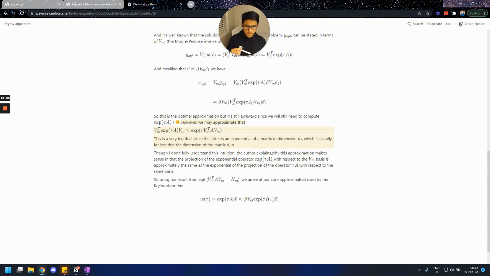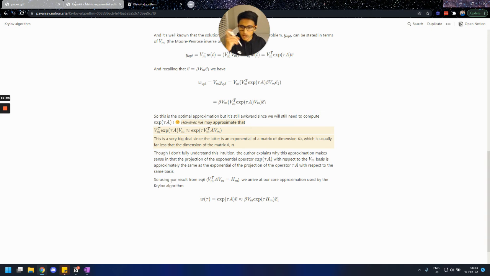So essentially the projection of the full exponential operator, which we have here, converted into the orthonormal basis that we have, is approximately equivalent to if you just take the exponential of the operator already converted into the V sub m basis that we were talking about.